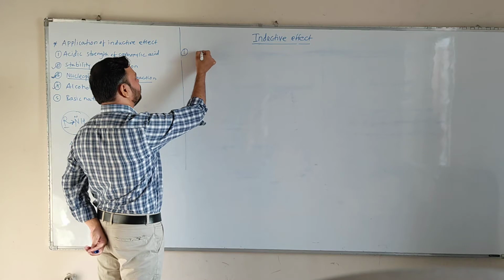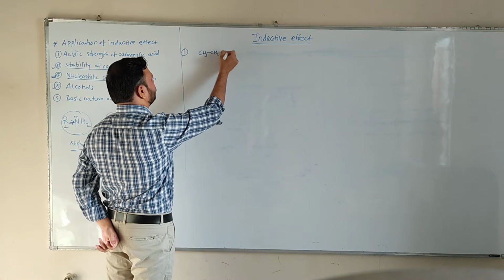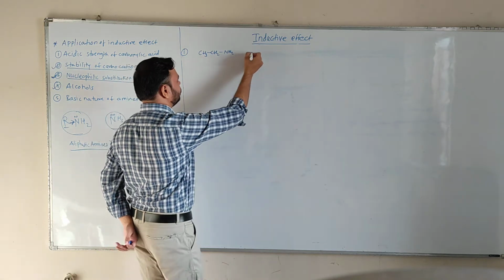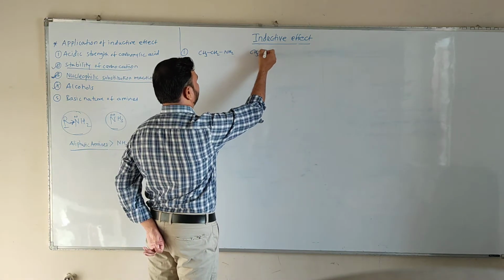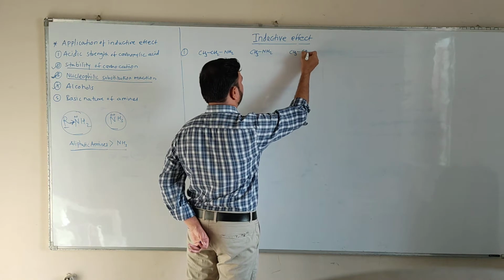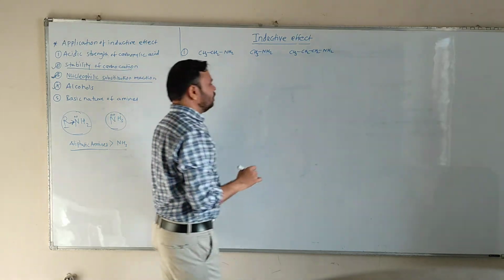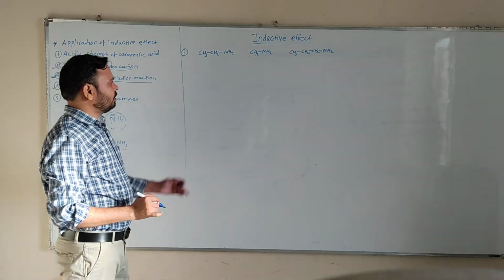Example number 1: CH3CH2NH2, CH3NH2, CH3CH2CH2NH2. Okay. So let's consider the example here.